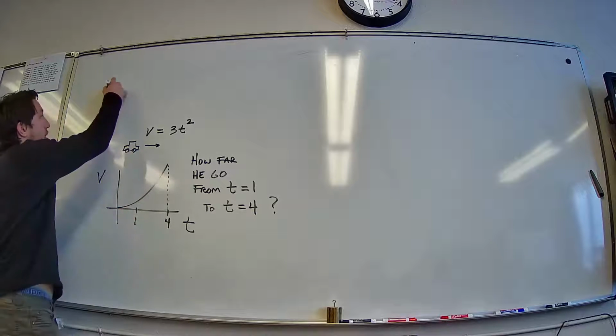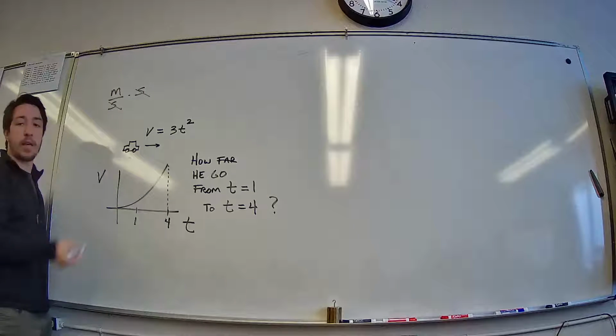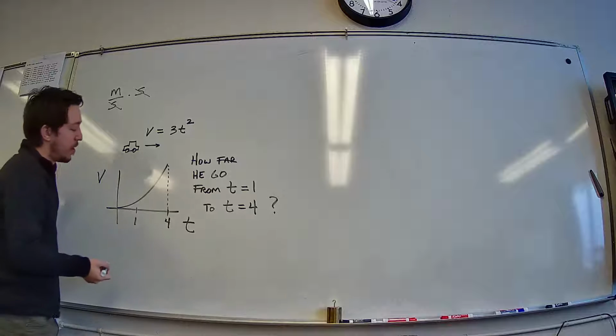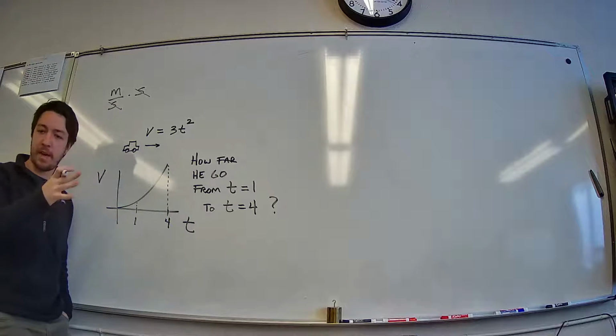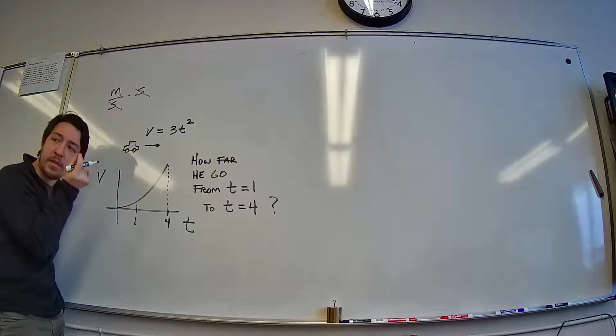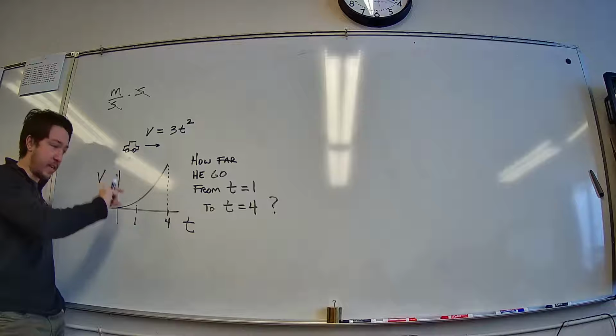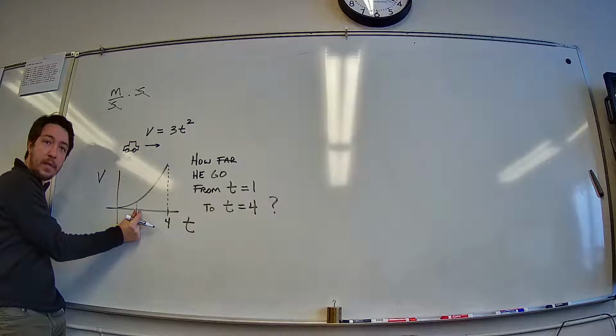For example, meters per second multiplied by seconds gets you meters. And the argument is a hand-wavy argument at first. For that first little morsel of time, you'd multiply his velocity, the height of the graph, by the width, the amount of time.